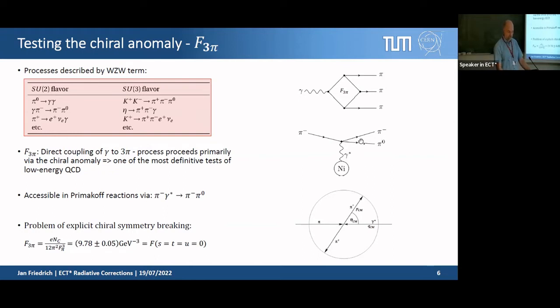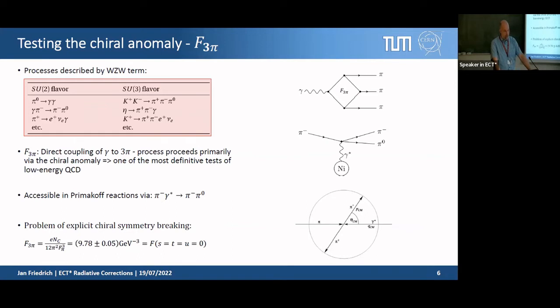This has obviously as a low energy coupling exactly this term. The trouble is that we don't have pion targets at rest, as we know, so we cannot use a real photon beam colliding with this kind of target.